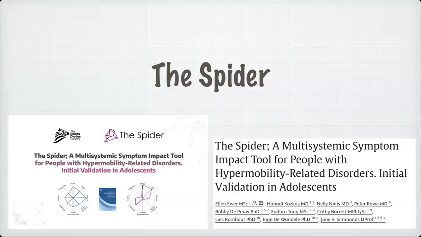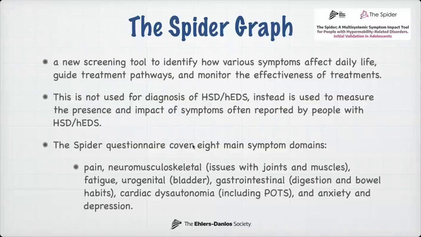So the two together can very nicely identify both hypermobility spectrum disorders and further details on these hypermobility related disorders. So this new screening tool is to identify how various symptoms affect daily life, guide our treatment pathways, and monitor the effectiveness of the treatment.